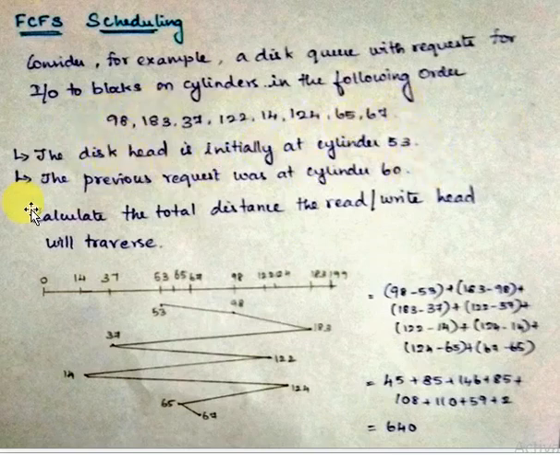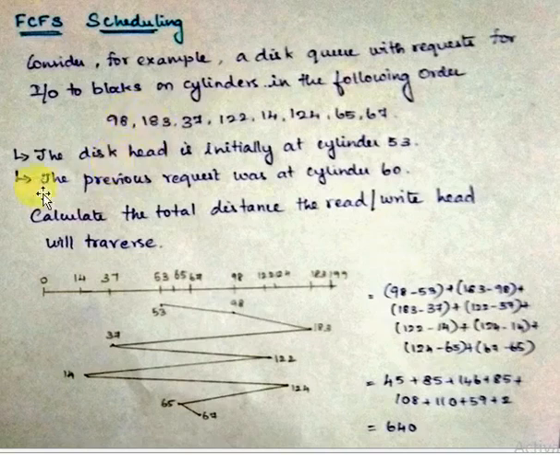This queue is also known as a request queue, and it contains the track numbers requested by the processor. According to our example, the track numbers are 98, 183, 37, 122, 14, 124, 65 and 67.